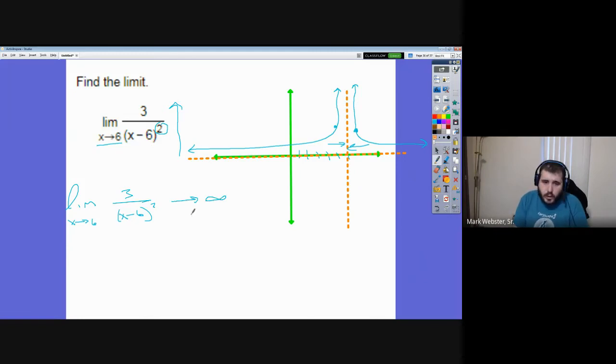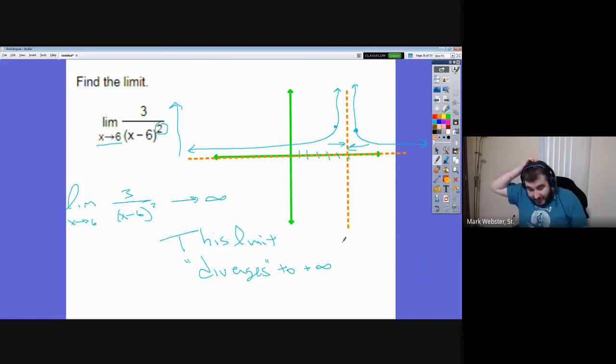And again, we would say, since the answer is infinity, this limit diverges to positive infinity. At this vertical asymptote, they both go upwards towards infinity. So we would say this limit diverges to positive infinity, right?